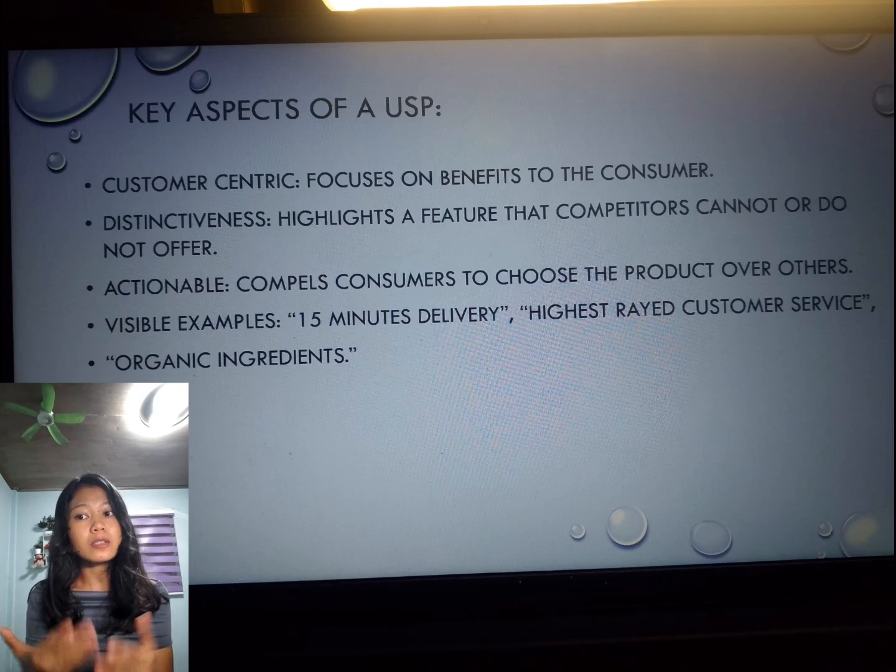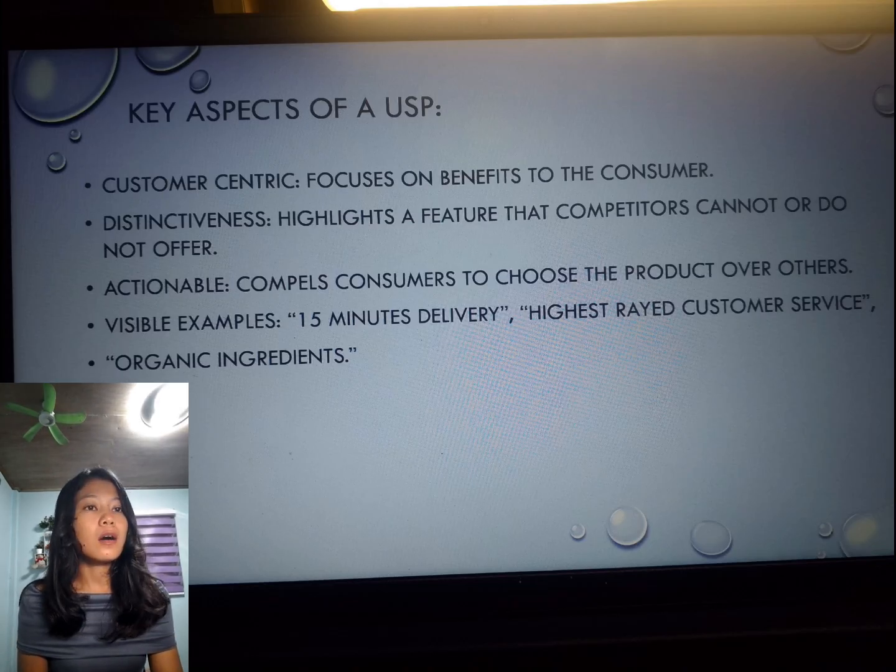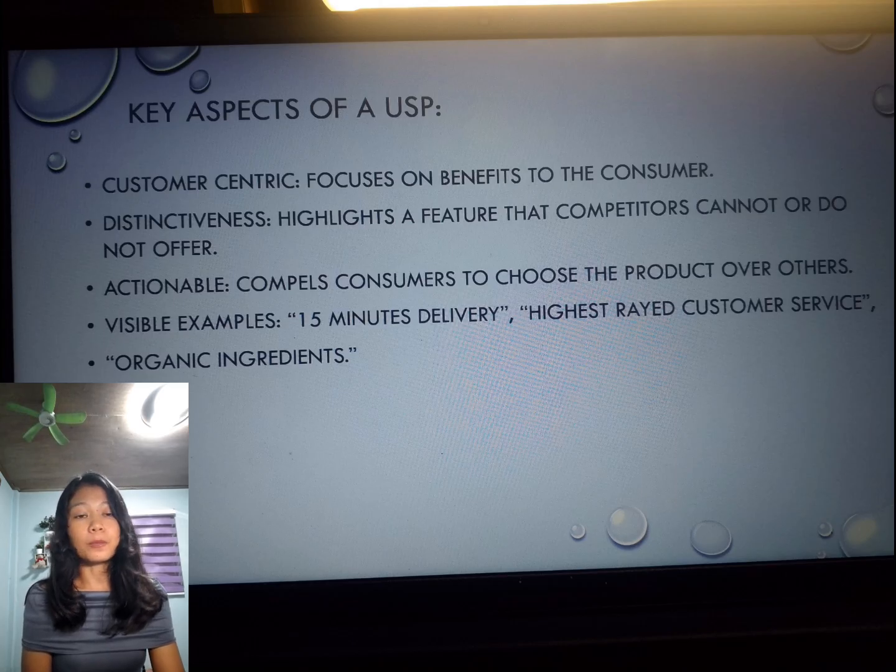So of course, as a consumer, you are going to choose the organic ingredients contained in your products. So it is healthier, the consumer benefits more, although it's chips, it's not something that could affect your health. So that's just one example of the aspects of a unique selling proposition.